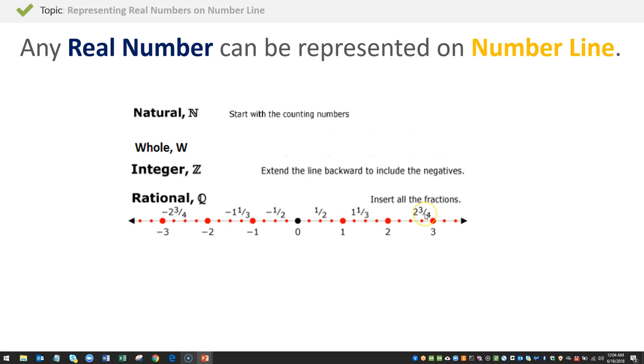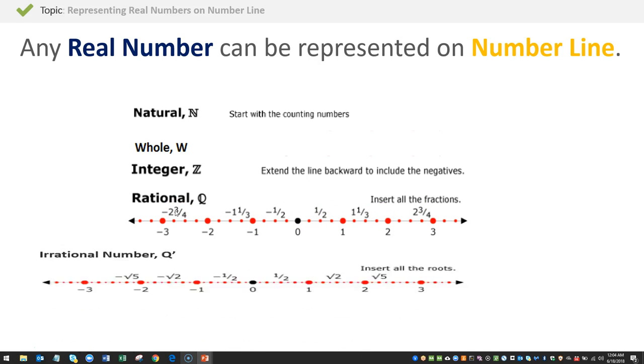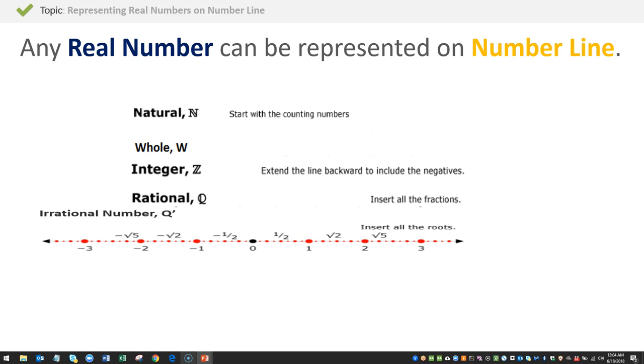When you further insert fractions for which decimal values will either terminate or will repeat, what you get is rational numbers. Further, when you include all roots, what you get is irrational numbers.